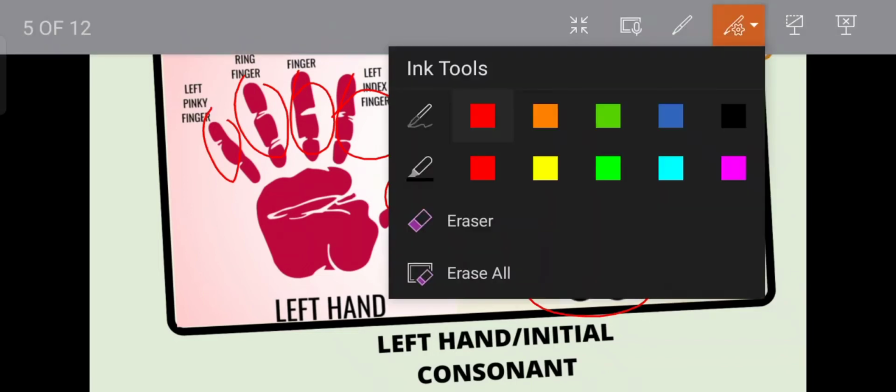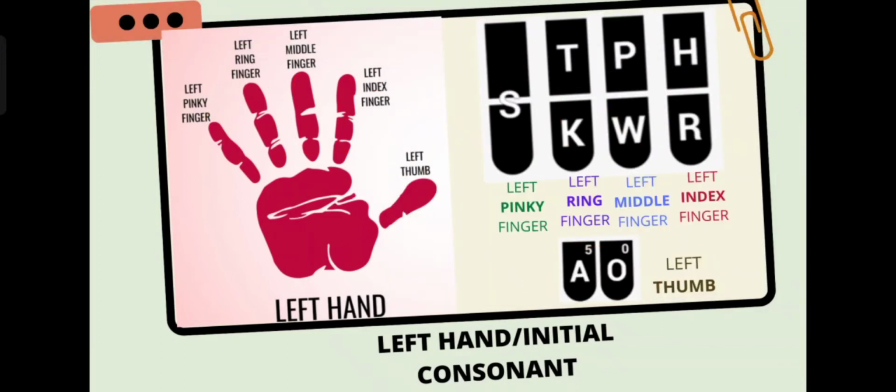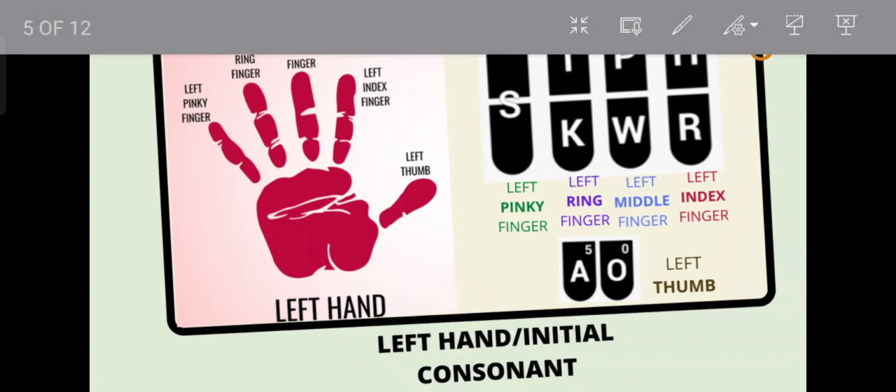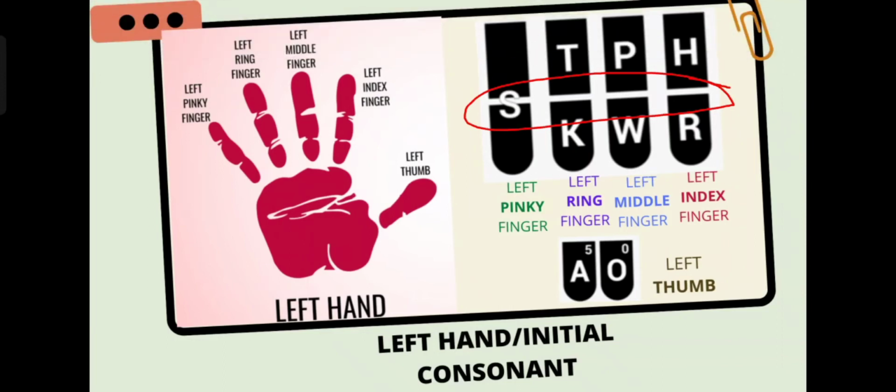In placing your hands on your stenographic keyboard, do not put them on T, P, or H or on K, W, R. You have to put them on the crack. So here, on the crack, you place your fingers, except for S, because S is just one key, so it has no split. So S is happy alone there. But for the paired keys, like T, K, P, W, and H, R, you have to put your fingers on the crack so that if you want to type T on the upper bank, then you have to move your finger upward, and if the lower bank, then move it downwards.